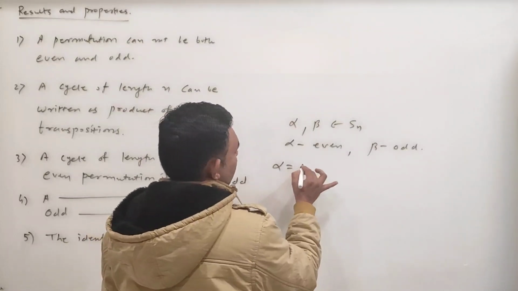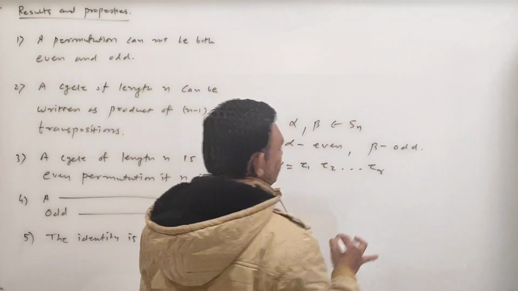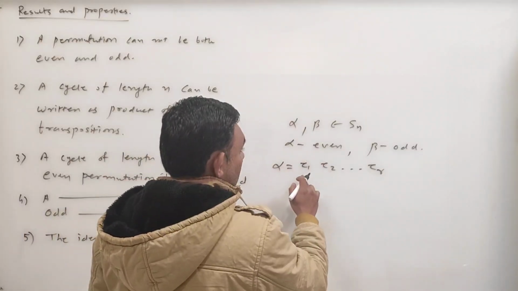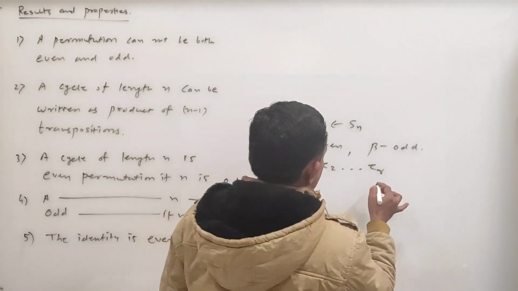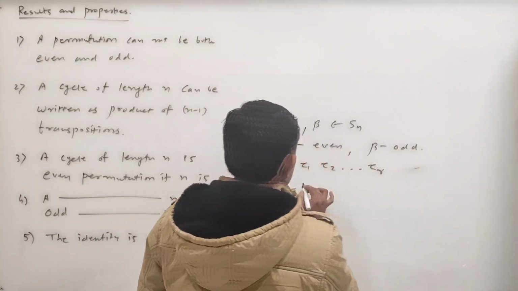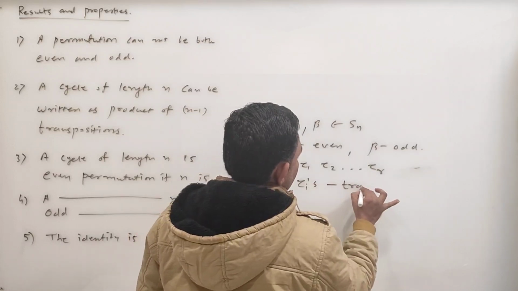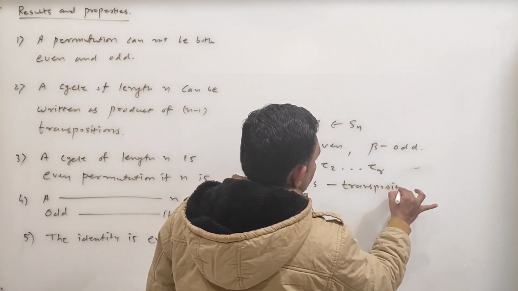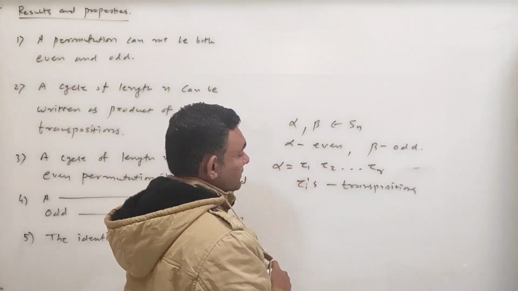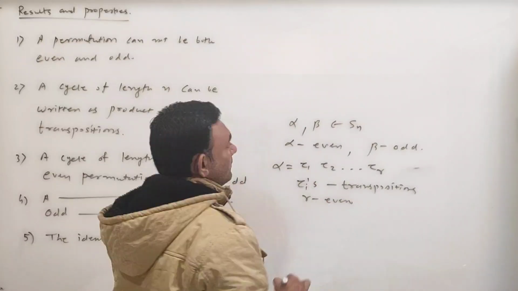So let alpha equal tau 1 tau 2 up to tau r, where alpha is even, and here the tau i's are transpositions. So alpha is a product of transpositions and it is even, so this r will be an even integer.